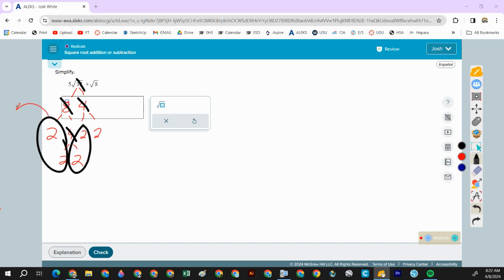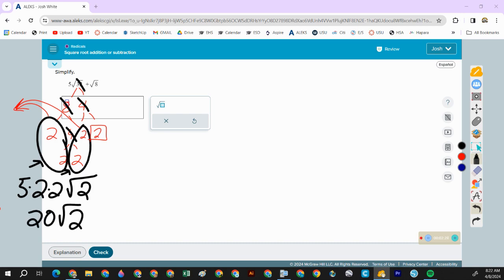So for this one, I bring out a 2, and this one I bring out a 2, and then that is the leftover. So the outside started with a 5, but I'm going to bring out a set of 2's for this one, and then a set of 2's for that one. And then I have square root with a 2 left over. So that becomes 5 times 2 is 10, times 2 is 20, like that.